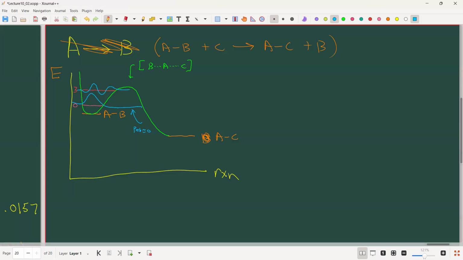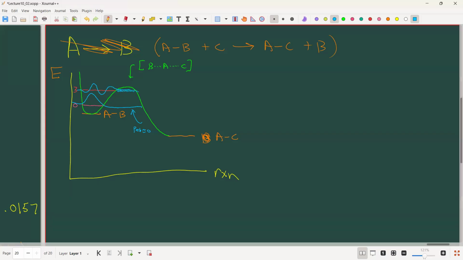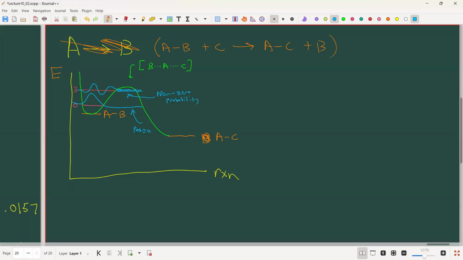But now there's a little bit of non-zero probability that the system can actually go through the barrier. There's some probability that the bond may actually be in the region where A and C are.